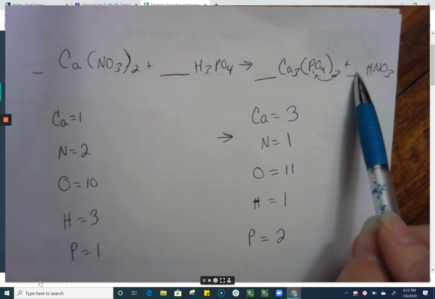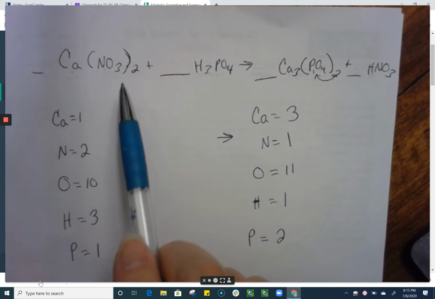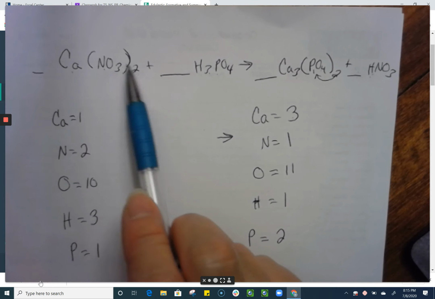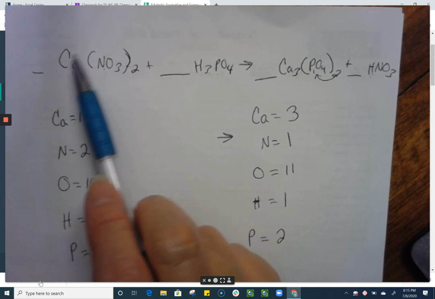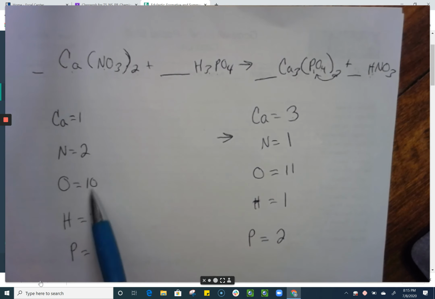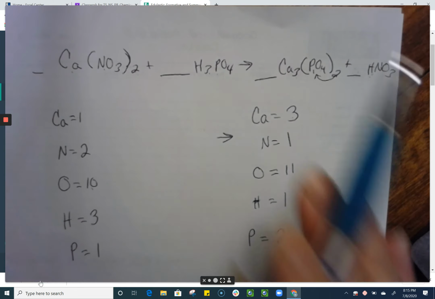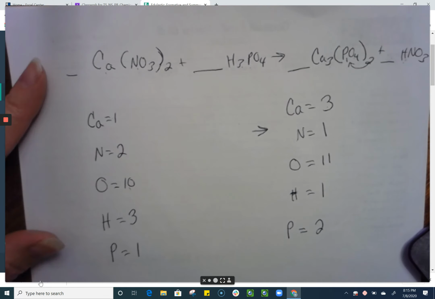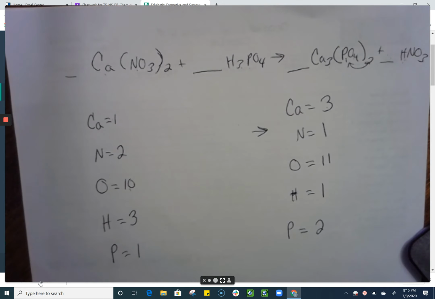That means I have to put a 6 there. And then a 3 out here. 2 times 3 is 6, times another 3 would give me 18 oxygen. So let's just start playing with this. And a lot of times it is just trial and error.